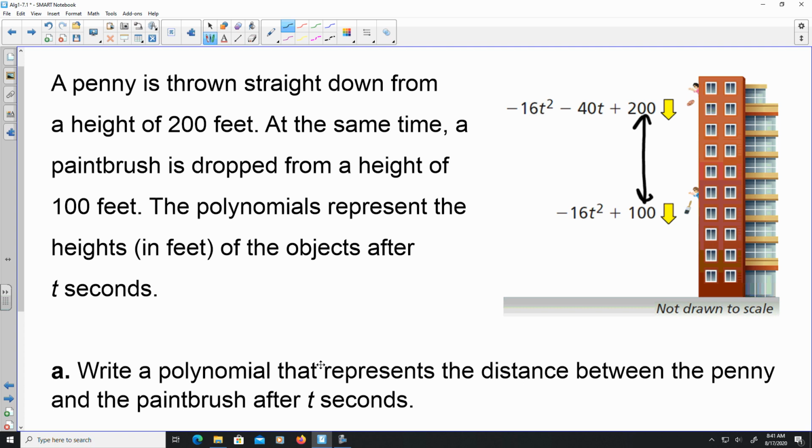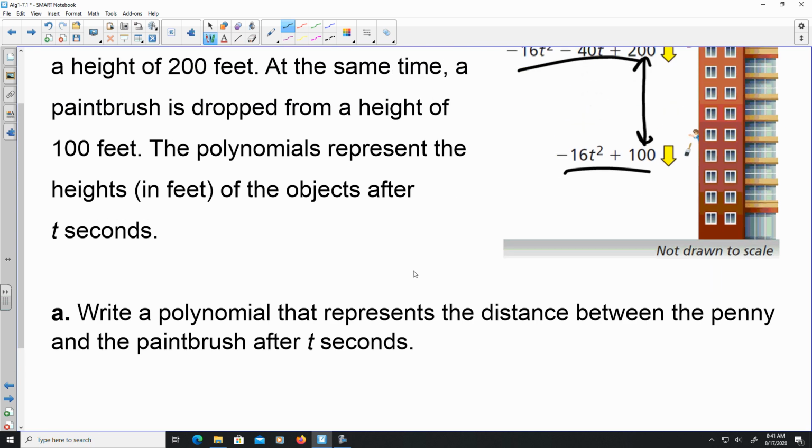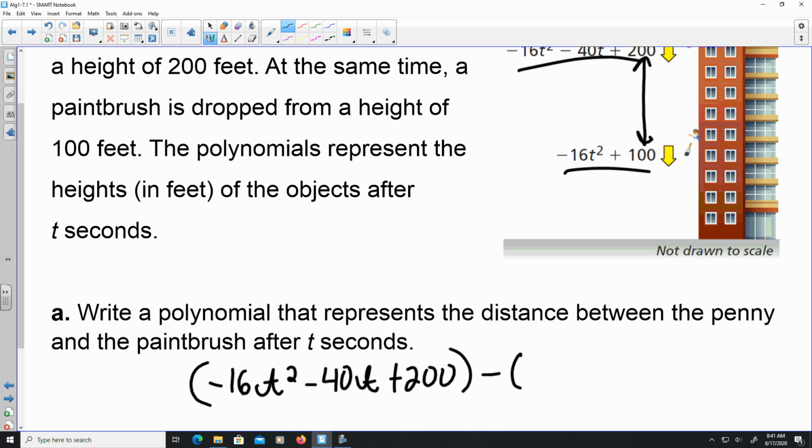So now that they've involved time in this, you're just going to use this expression and subtract that expression. So essentially, you're just going to take negative 16t squared minus 40t plus 200, put that in parentheses, and subtract negative 16t squared plus 100.